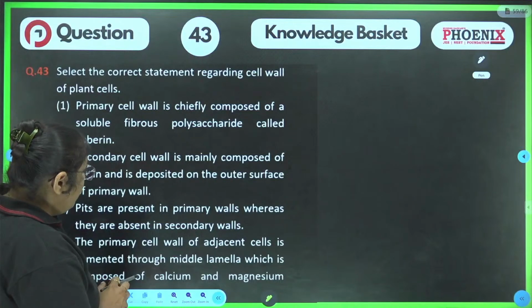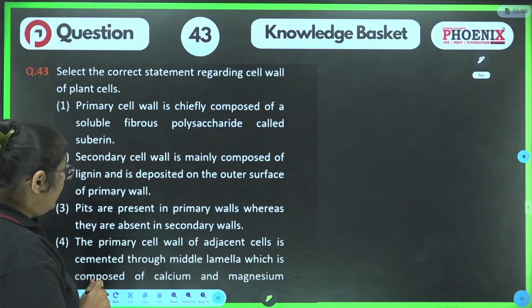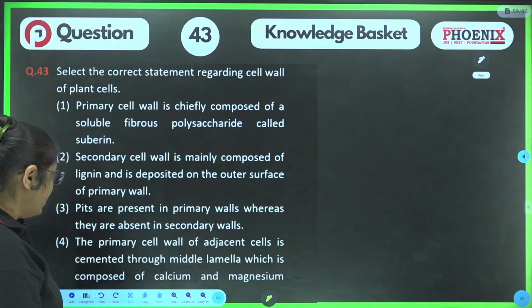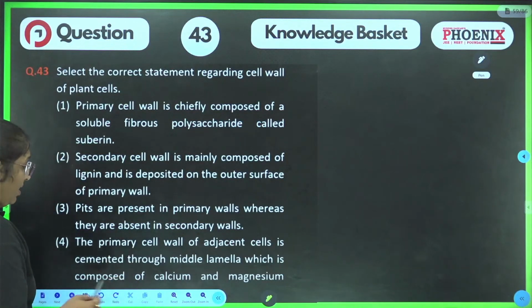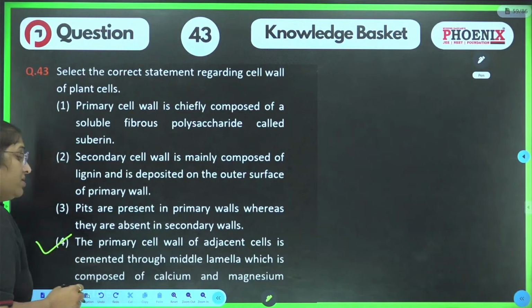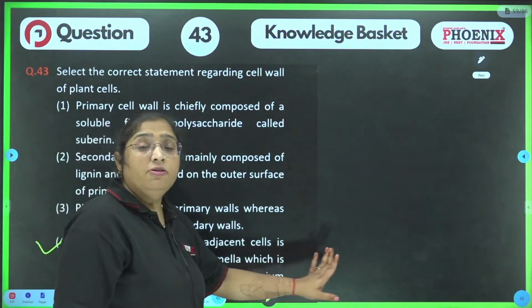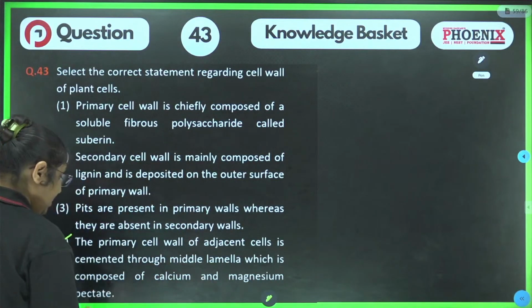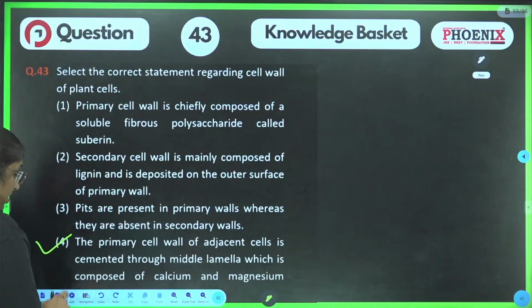Pits are present in primary walls whereas they are absent in secondary walls. And last, the primary cell wall of adjacent cells is cemented through middle lamella, which is composed of calcium and magnesium. We had studied that middle lamella is formed of calcium and magnesium pectate. So the answer is 4th.